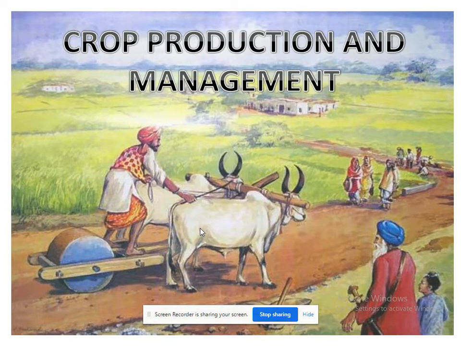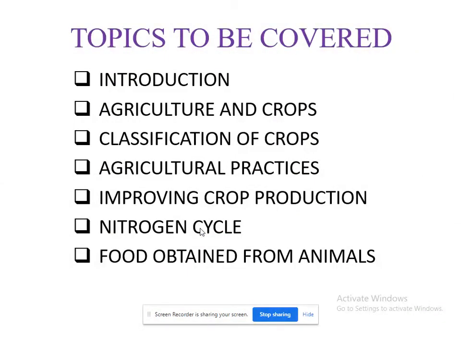Okay, so before starting this lesson, I want everyone to know what topics are to be covered in this lesson, right? The topics are: first, the introduction of agriculture and crops, classification of crops, agricultural practices, improving crop production, nitrogen cycle, and the last one is food obtained from animals.